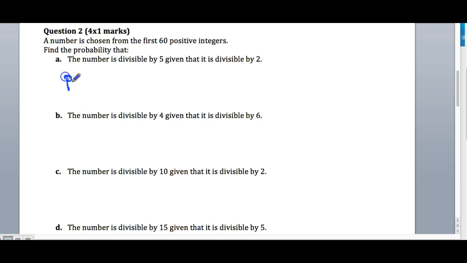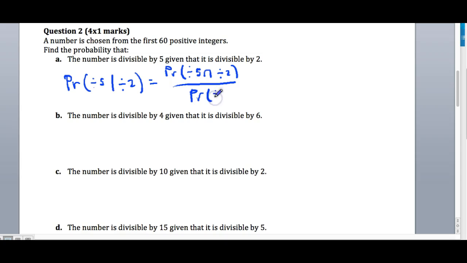So we want the probability that it is divisible by 5, so we might just write divide by 5, given that it is divisible by 2. So we want the probability that it is divisible by 5 and divisible by 2 over the probability that it is divisible by 2.